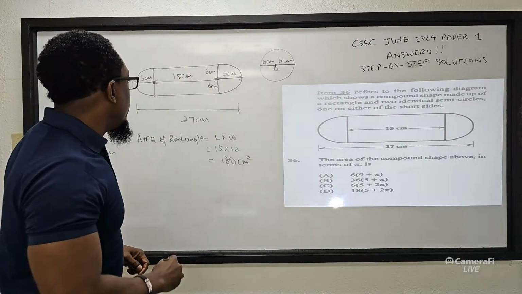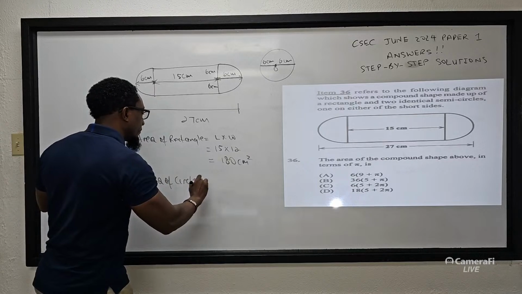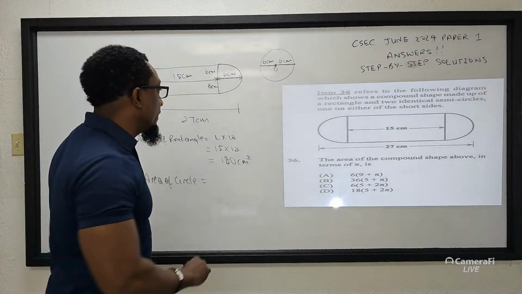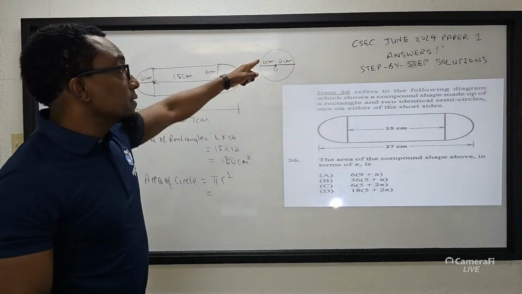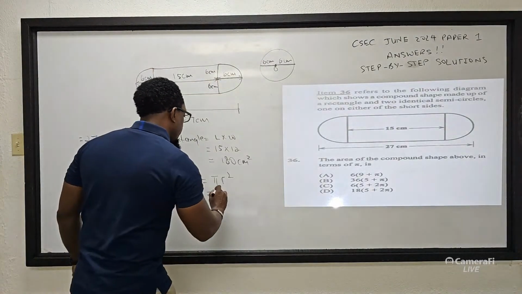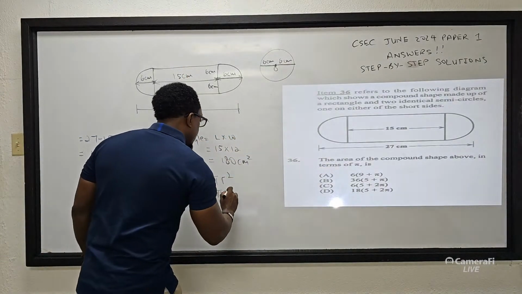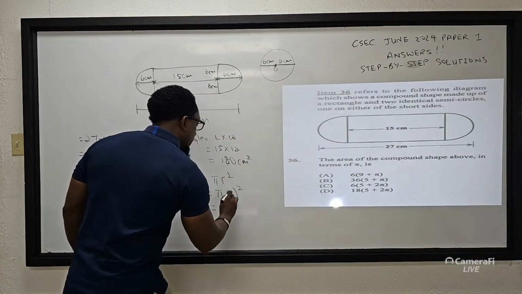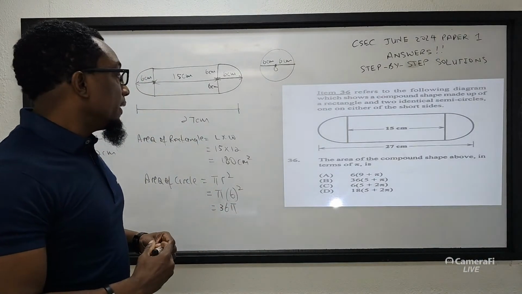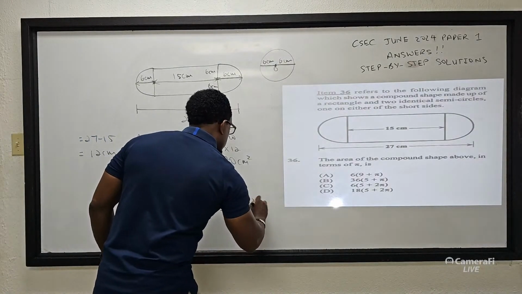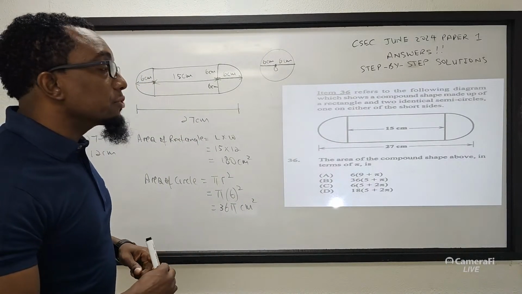To find the area of a circle, the formula is pi times radius squared. The radius is 6 centimeters, so it's going to be pi times 6 squared, and we leave it in terms of pi because the answer is in terms of pi. 6 squared is 36, so it's 36 pi. So 36 pi centimeters squared will be the area of my circle.